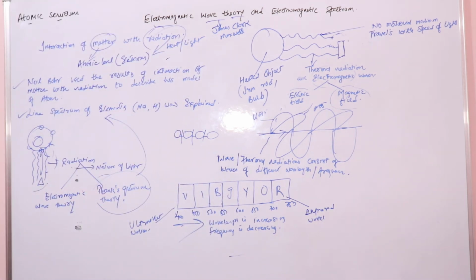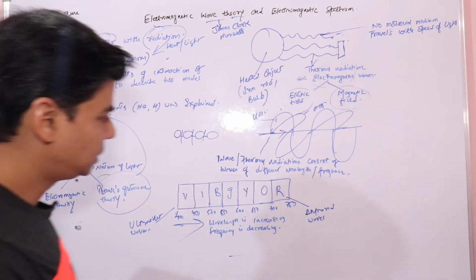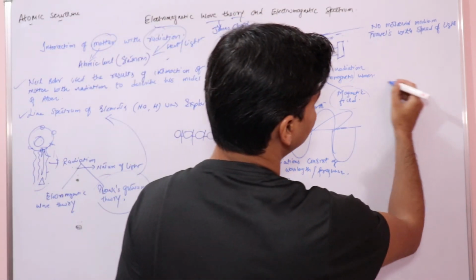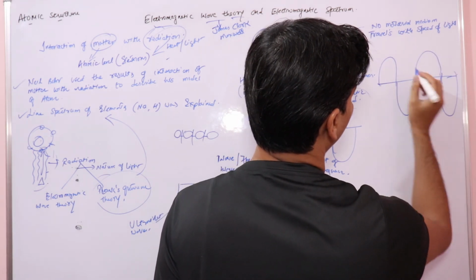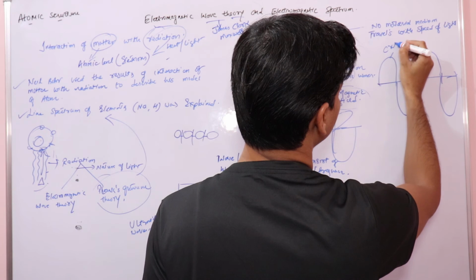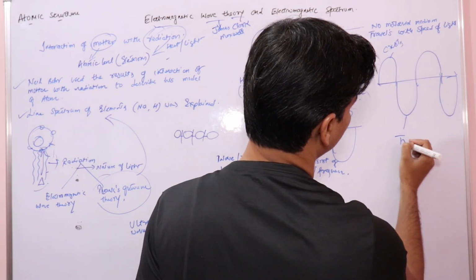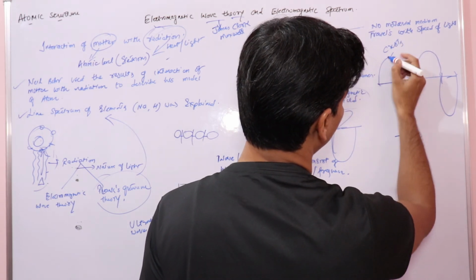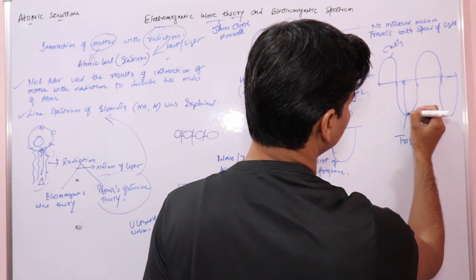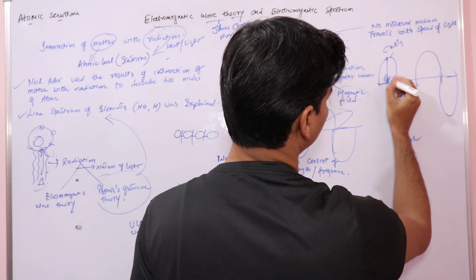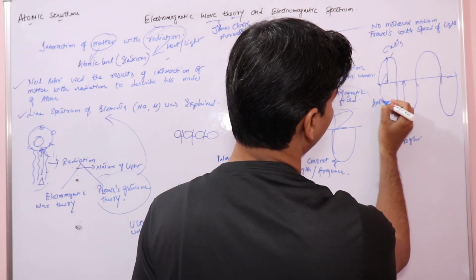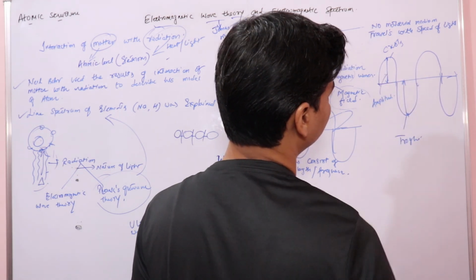So there are some terms now related to waves. We know that this is your wave, right? These are crests and these bottom points are troughs, right? And this point is your amplitude of the wave, right?